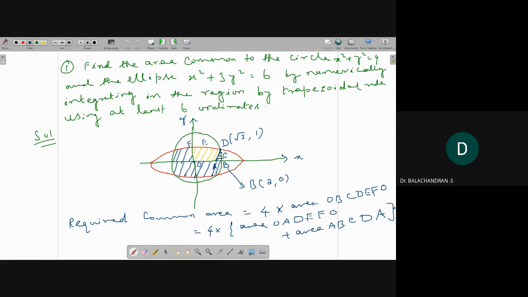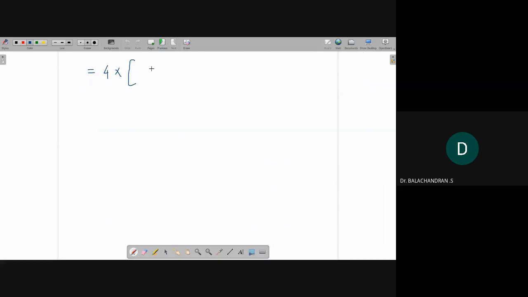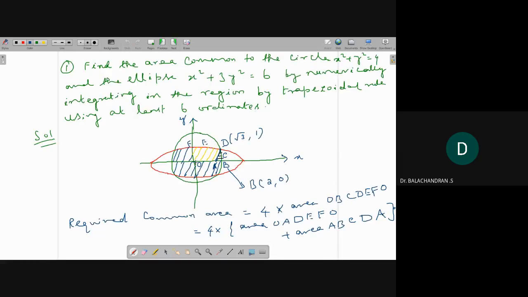is equal to the integral of y dx. x varies from where to where? Here x is 0, here x is √3, because I told you that this is a straight line. The point D is (√3, 1), which means A is (√3, 0).